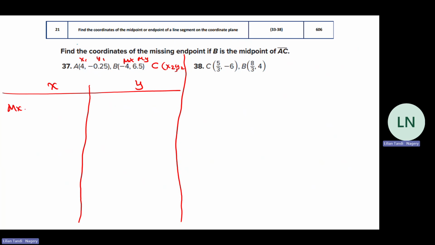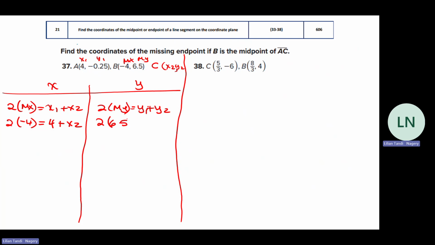So 2mx, huh? 2 parentheses mx equals x1 plus x2, and 2 parentheses my equals y1 plus y2. 2 parentheses negative 4 equals 4 plus x2. 2 parentheses 6.5 equals negative 0.25 plus y2.